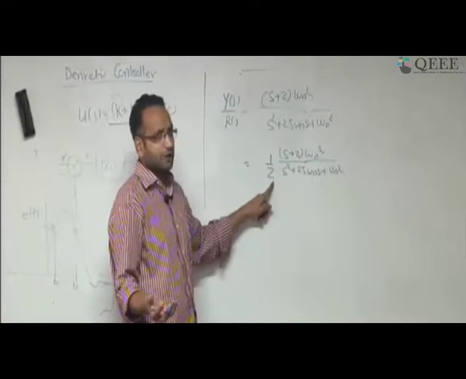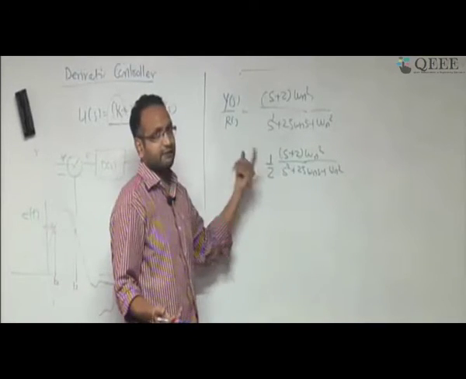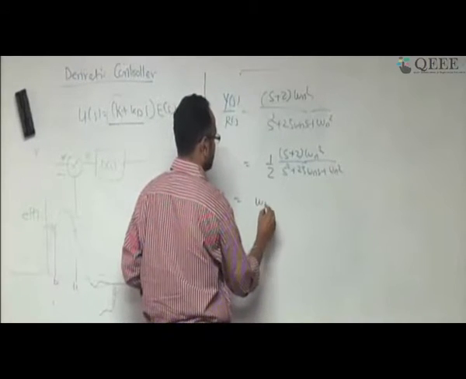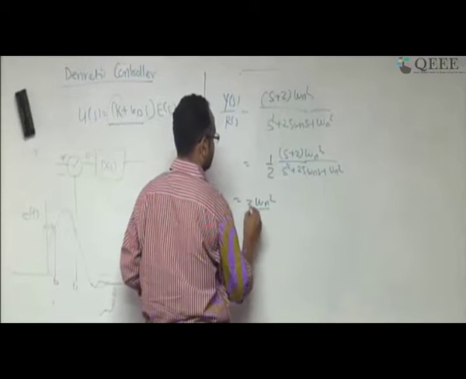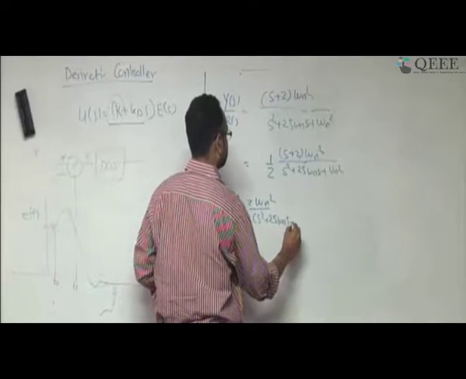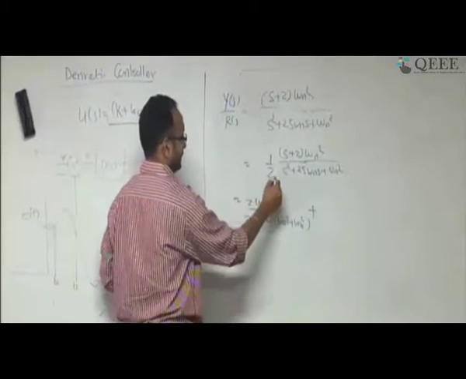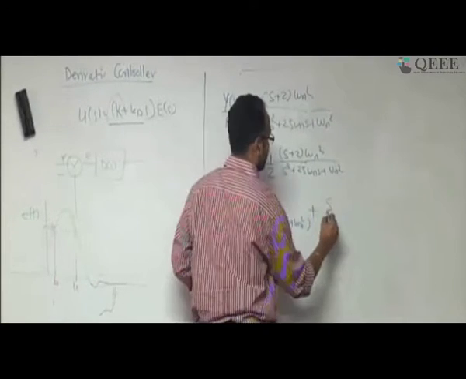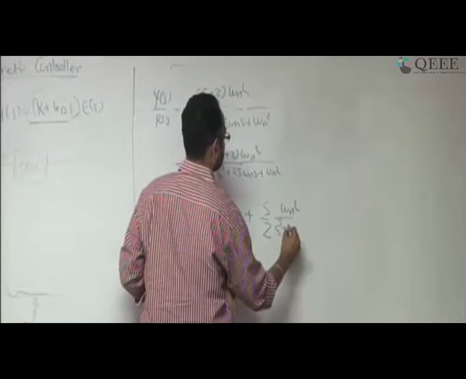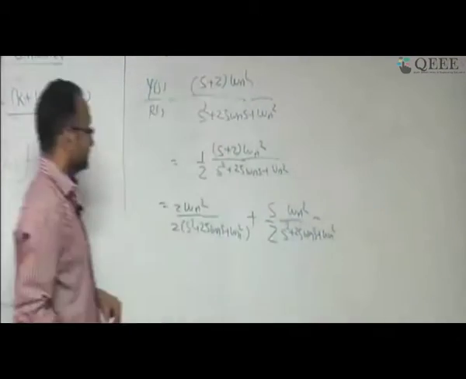This z I have added, z is some constant. You are adding a zero, so I am adding a constant, and this constant will affect only the steady state value, it won't affect anything else. So now there are going to be two terms: ωn² z / (s² + 2ζωn s + ωn²) plus, the other term, s/z ωn² / (s² + 2ζωn s + ωn²), correct?